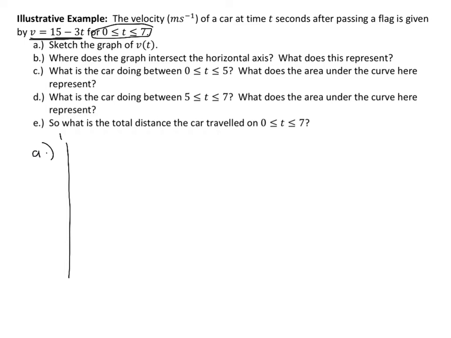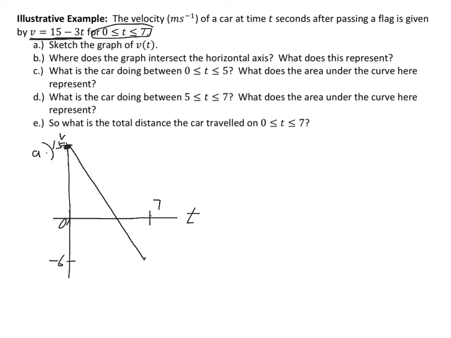I've got on this axis my velocity, and on this axis the time. The thing's got an initial velocity of 15, and then it's coming down this way with a slope of 3, and so maybe it ends over here at 7. In fact, we could even plug that in. When I plug in 7, this should be down here at -6. When I plugged in 0, the thing should have been up here at positive 15.